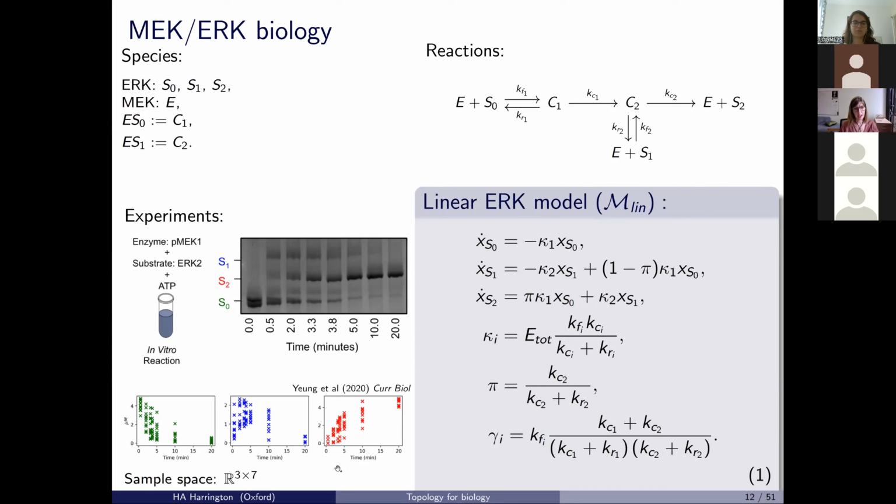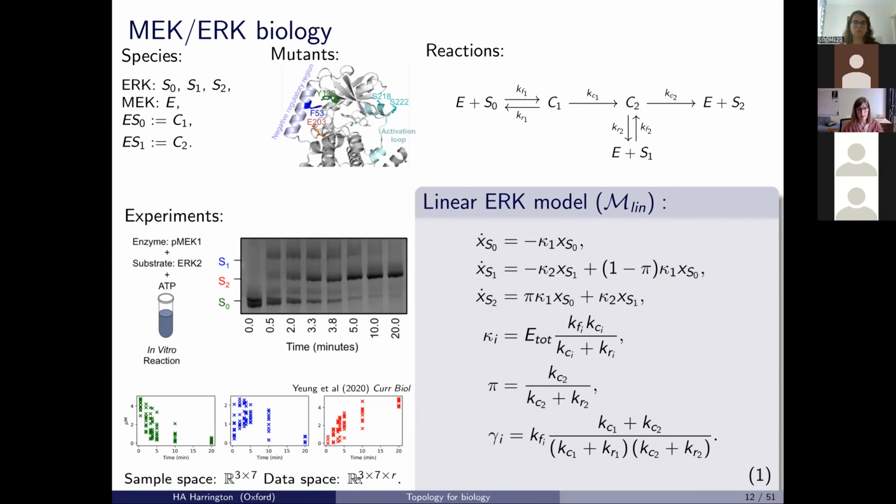They quantify that. So we have 3 species. This is our sample space, 3 species and 7 time points. And for wild type ERK, they do this 11 times. So we have different numbers of replicates.